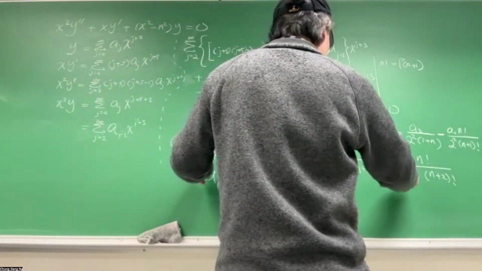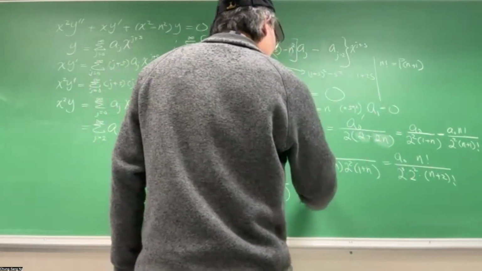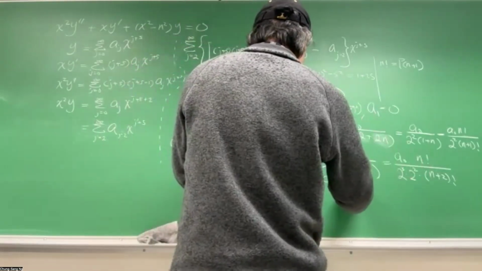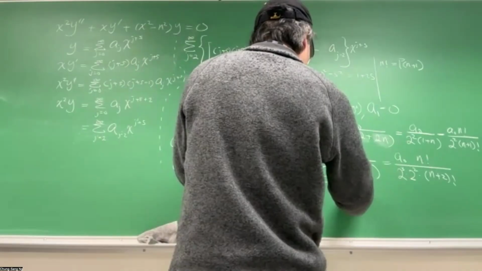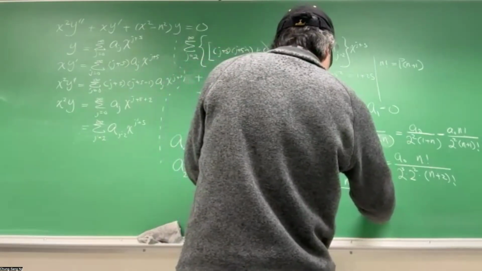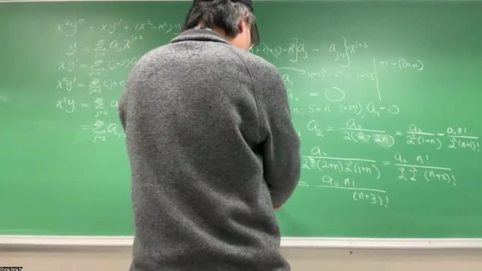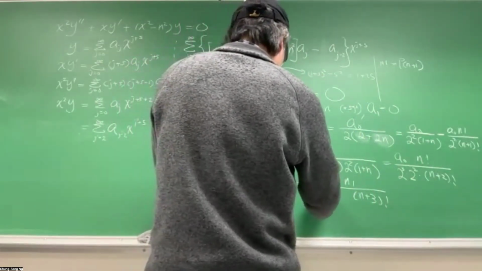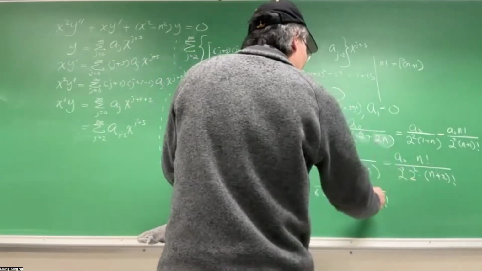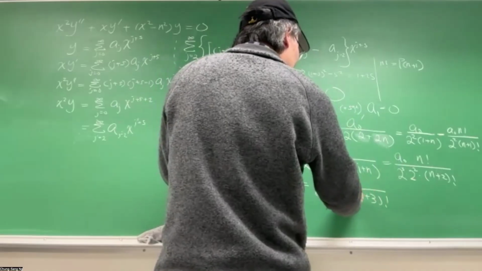And let's just write out first a sub 0, n factorial. Still keep the n factorial. And then this is n plus 3 factorial. How many factors of the 2 here? So you have a 6 times 2, and then this is 2 to the power of 6, right?